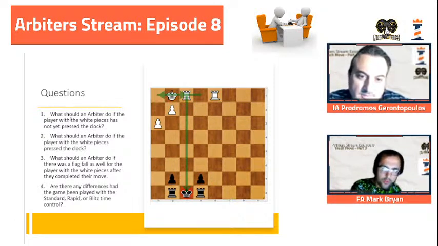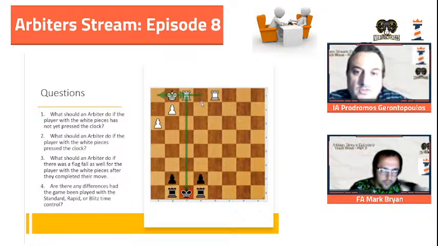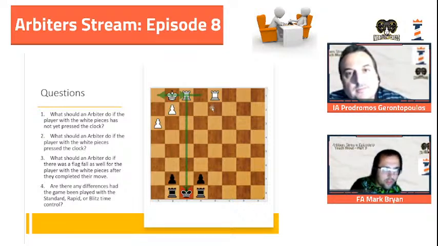Just to note that after rook f1, the position is already checkmate. So I think the game has already ended despite any irregularity taking place afterwards. Is that correct? Yes, of course, so the arbiter should just declare the game lost after rook f1 checkmate.